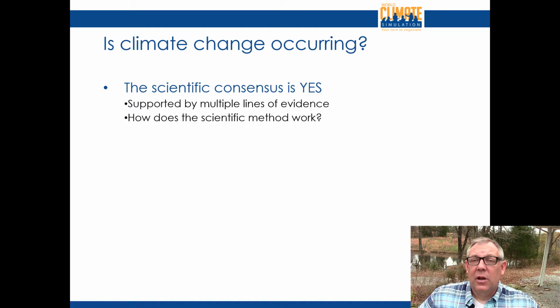You have to have data to support your hypothesis, and lots of people are looking at this, and lots of people are criticizing it, and we are rejecting ideas that aren't supported by evidence, and over time we tend to get rid of bad ideas and we get a better understanding. Science does a very good job of understanding the natural world, and so based upon this whole body of work, we can say pretty confidently that yes, it is occurring.